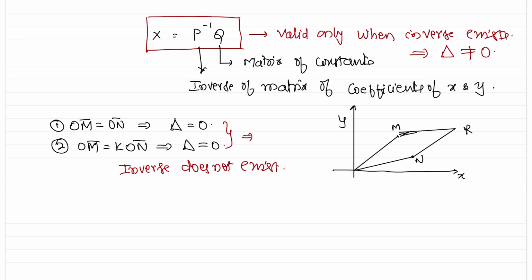Now, let us see what it means. How to find out the inverse? There are many mathematical formulas for finding the inverse of a matrix to solve the simultaneous equations. And the simplest and most effective method is to go for the elementary row and column operations.